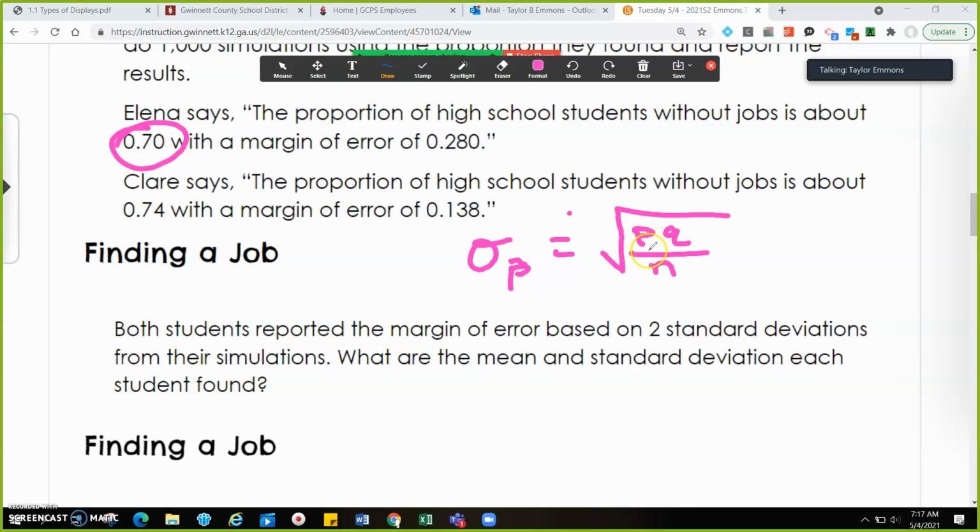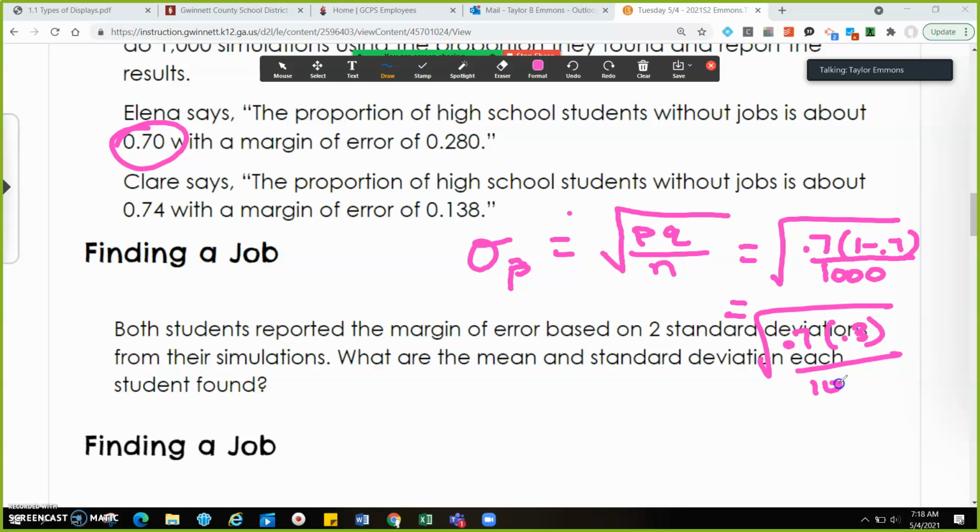So we take the proportion that they give us, which is 0.7, and then 1 minus 0.7, and divide by 1,000. So really this is the square root of 0.7 times 0.3 divided by 1,000. When we put this in our calculator, we get 0.0145, and that's going to be our standard deviation.